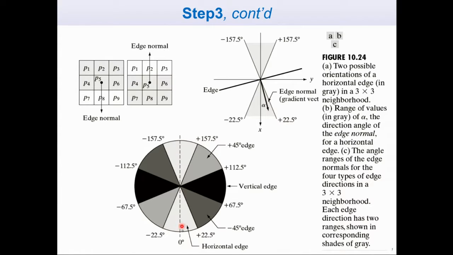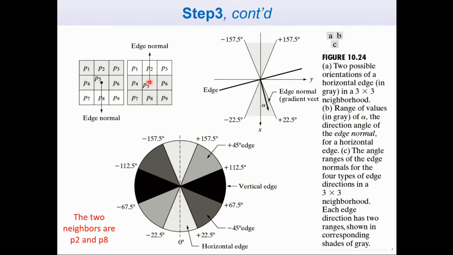These are the directions 1, 2, 3, 4. So this here represents a horizontal angle. So that's basically it. I need to look at which 2 pixels. I need to look at pixel P2 and pixel P8.